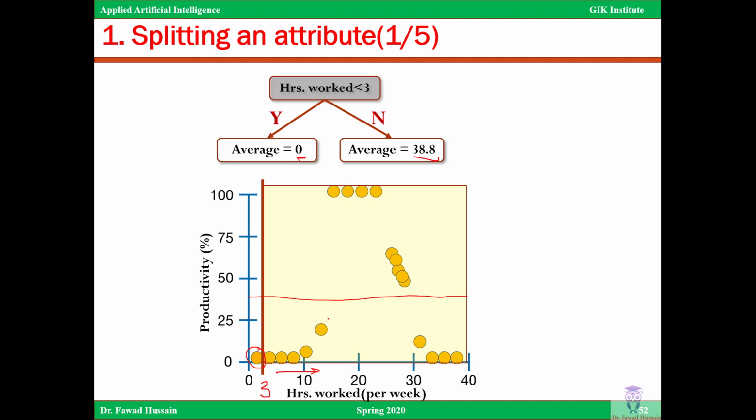This is the average of all these values along the y-axis. So if I put this plus this plus this, and so on along the y-axis, I take their y-axis values and I just divide by the total number of data points. This is that 38.8. One thing you need to remember here is that this is a branching node because you are making a decision there, and this is a leaf node.